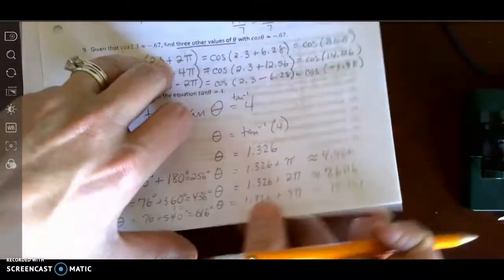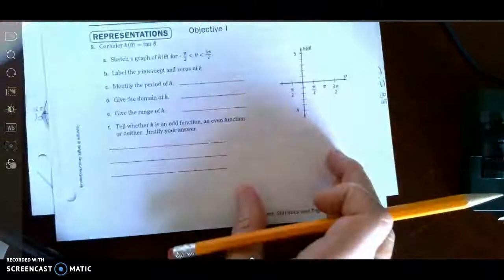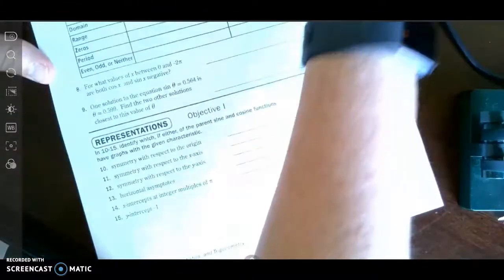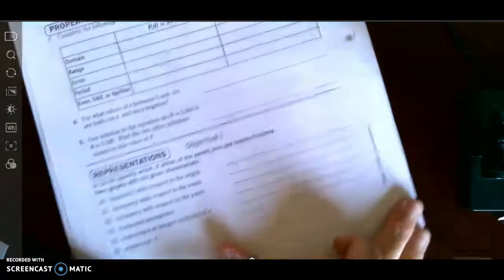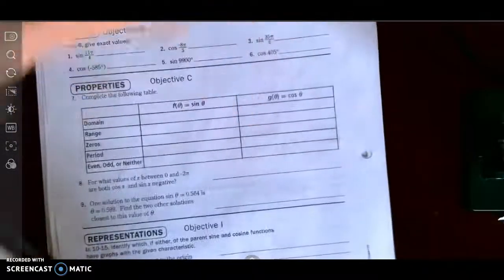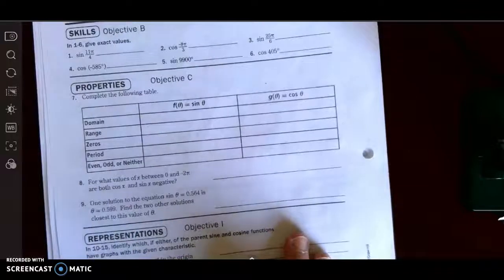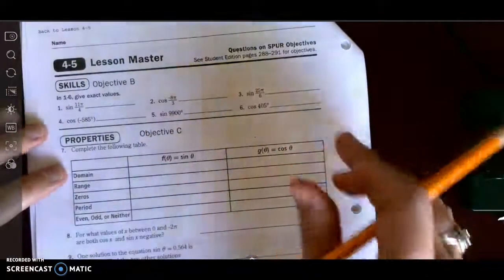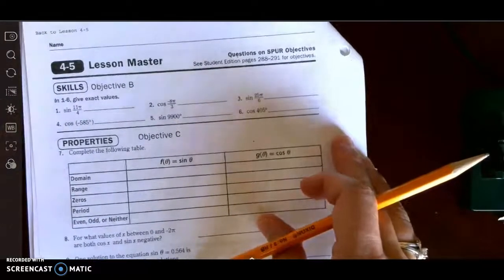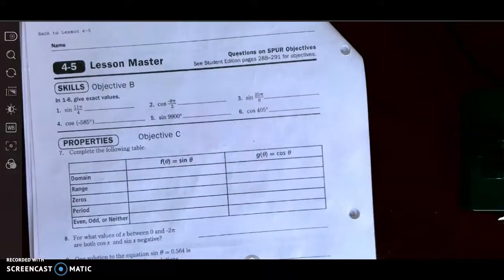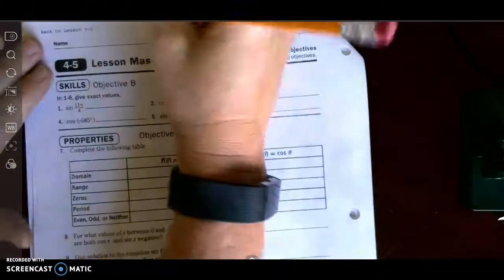Okay. Now I'm going to do just this one lesson master with you guys just before 5, and then I'll let you do the other lesson masters on your own. So let's look here. Number 1, sine of 11 pi over 4. So I need to figure out where 11 pi over 4 would be.